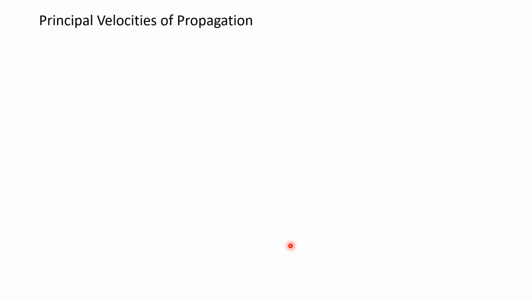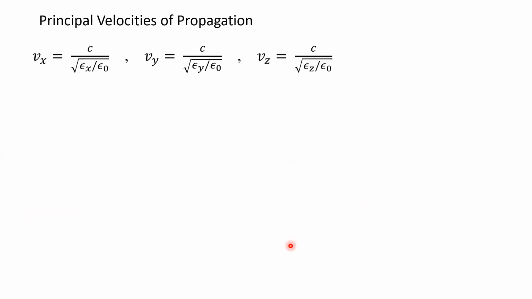What we can do is, first, write them in another form. Using the elements of the permittivity tensor, epsilon x, epsilon y, epsilon z, we define what we call principal velocities. You are just redefining some constants; they need not directly have any physical consequence at this point.